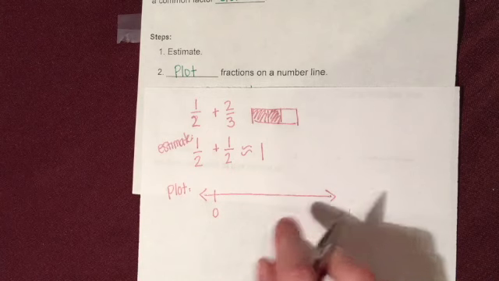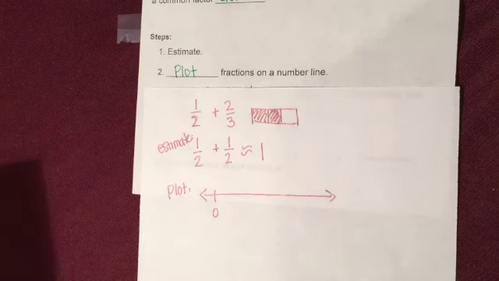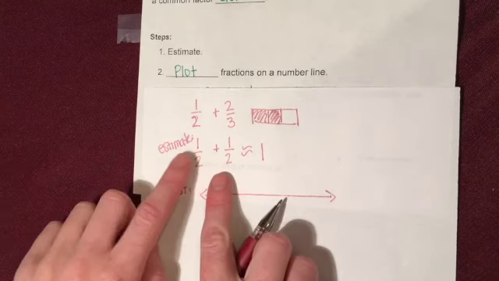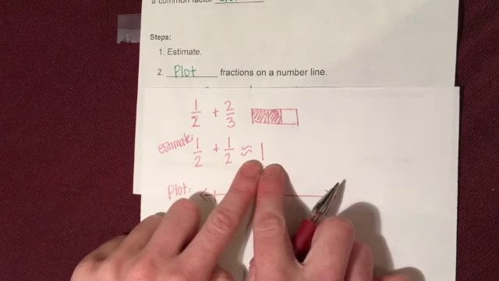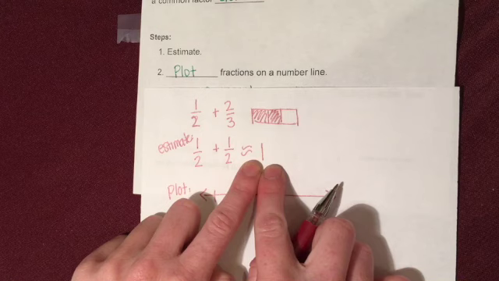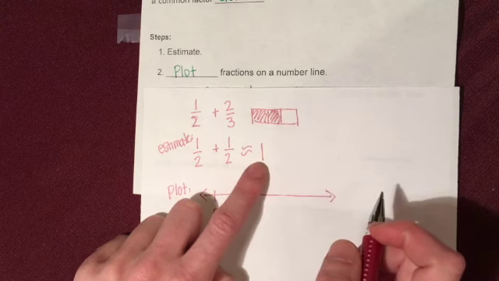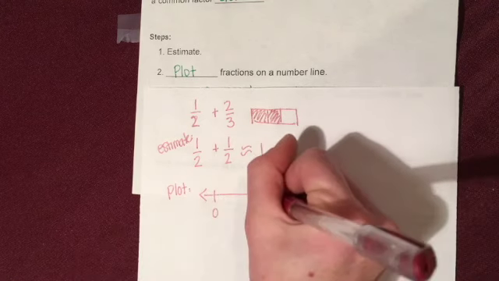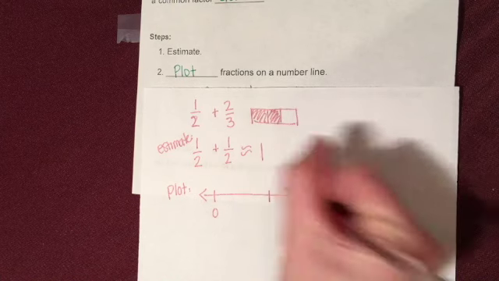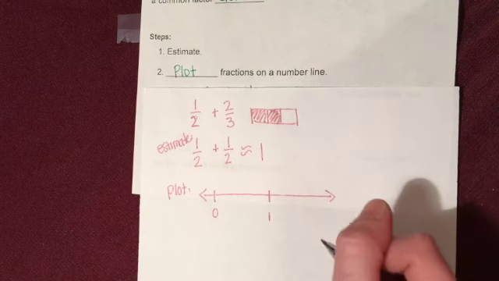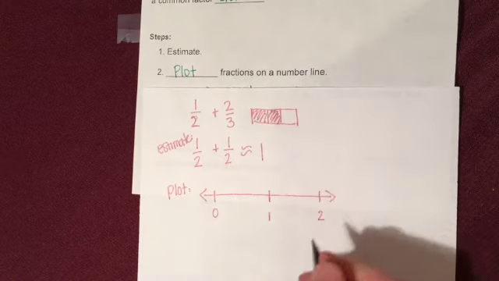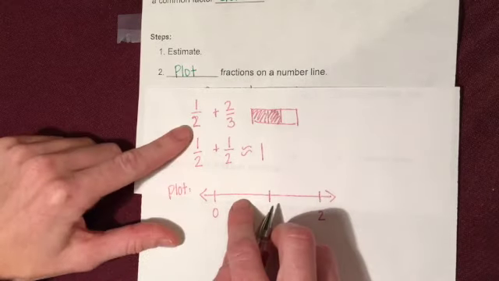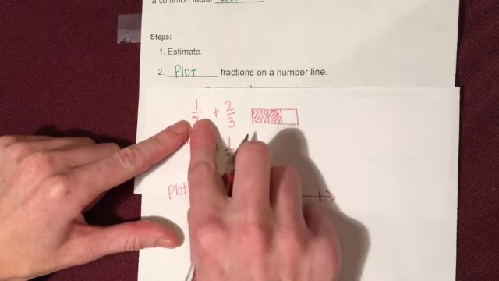When I'm plotting my fractions, I'm going to make sure that for my estimate I include enough space for my solution of 1, or maybe even a little bit more than 1. So I'm going to go to 2. So I'm going to split up my number line into 1/2.